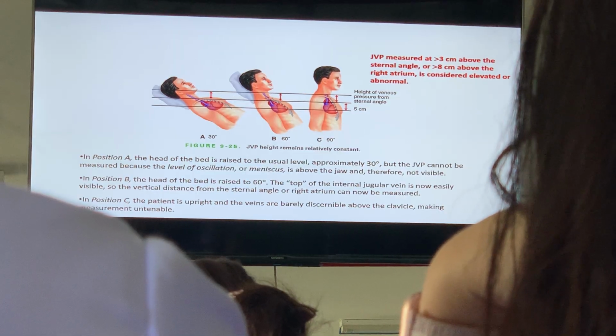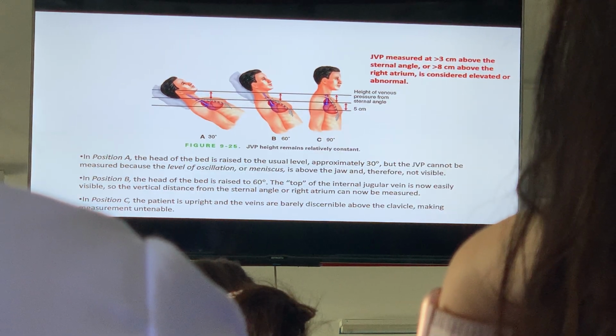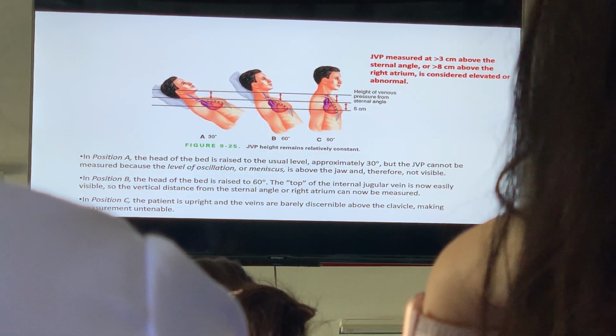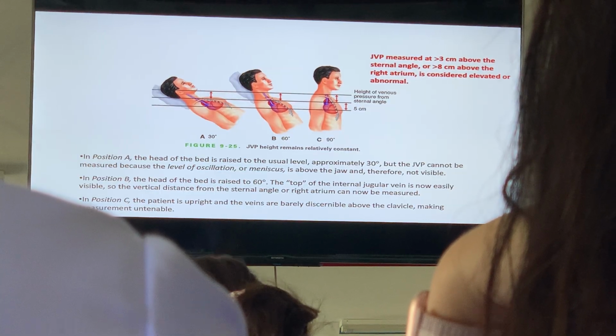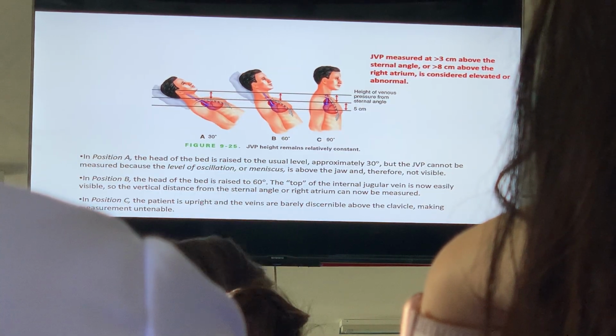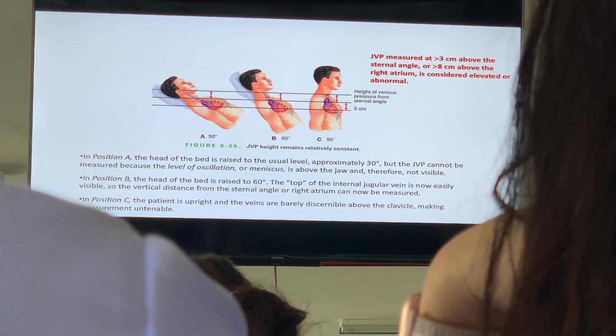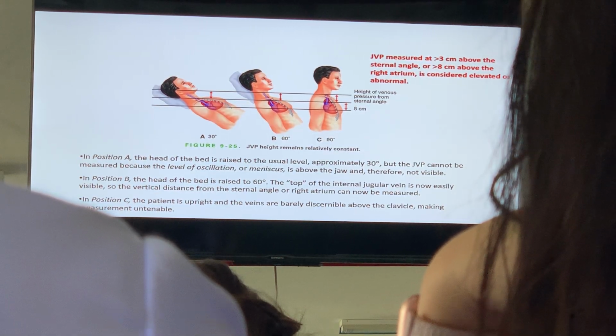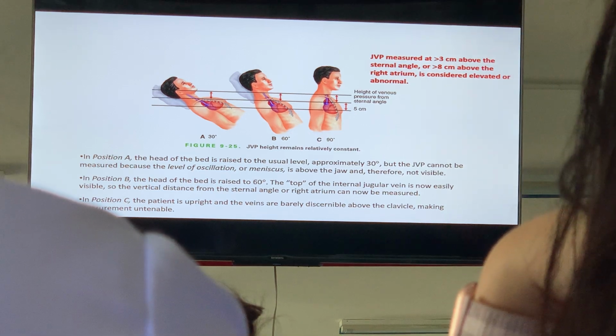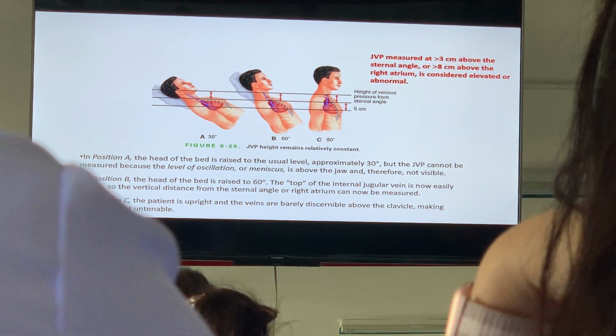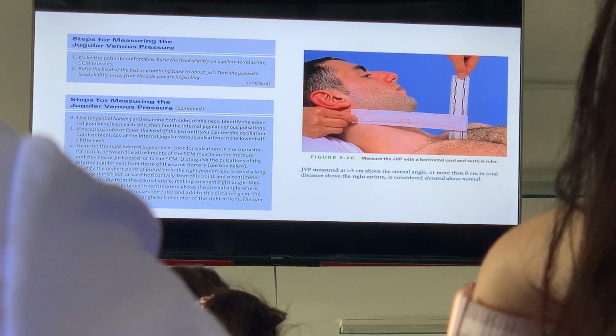In this diagram, what you have to remember is B, 60 degrees. A JVP measurement of more than 3 cm above the sternal angle of Louis, or more than 8 cm above the right atrium, is considered elevated. Okay, so far no questions? Okay, so this is how you measure your JVP.